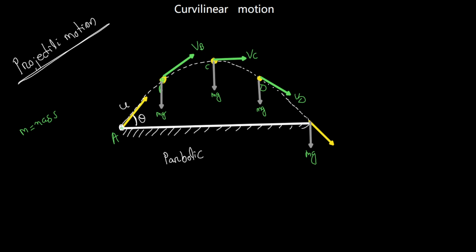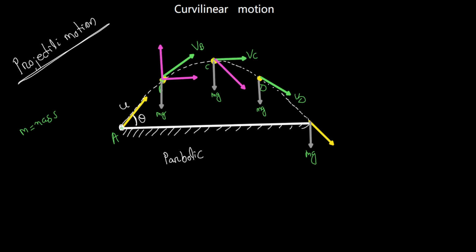Now if I resolve the velocity at all the points in horizontal and vertical directions, this one will be the same. There will be no vertical velocity component because BC is in the horizontal direction.